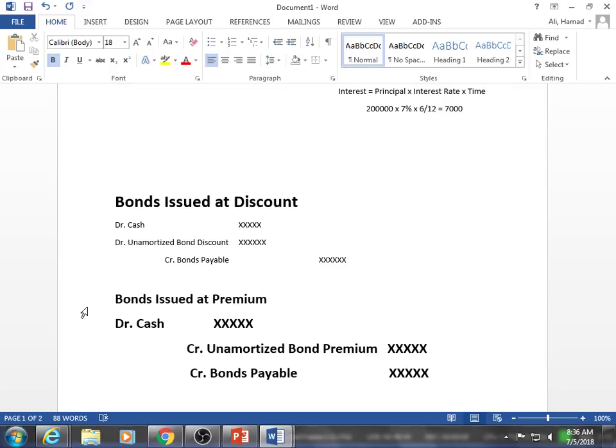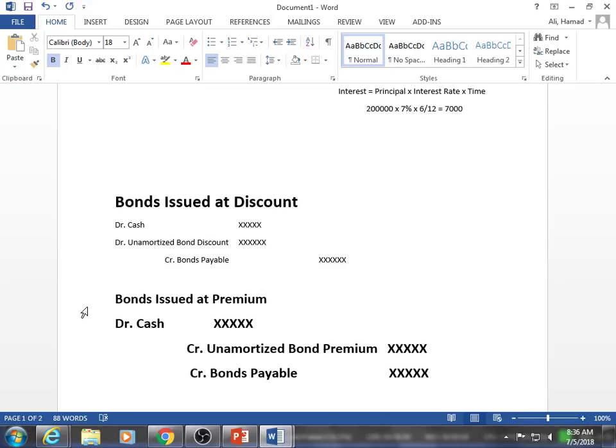Okay, so let's look at the bottom of page 552. Bonds issued at a discount. Carrot issues 200,000 of 7% 5-year bonds at 96. That means 96% of the face value.